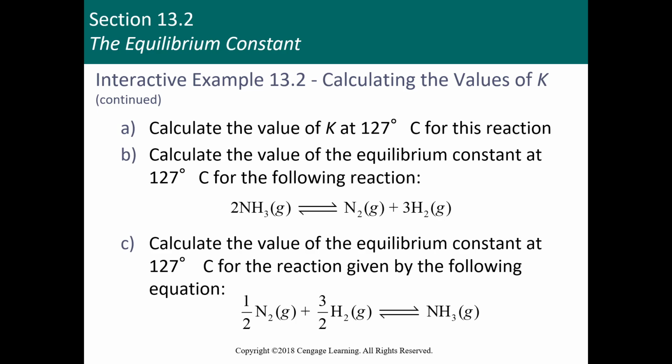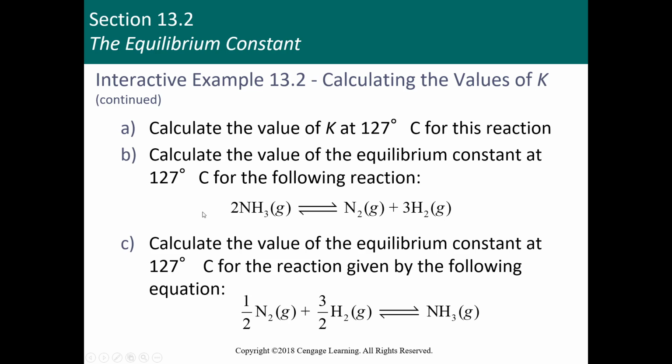So note, first off, that when we write our equilibrium expression, which is how we write the expression for K, the equilibrium constant, it's the coefficients that go into it, right? And so if we do things to the coefficients, that's going to change our equilibrium expression.